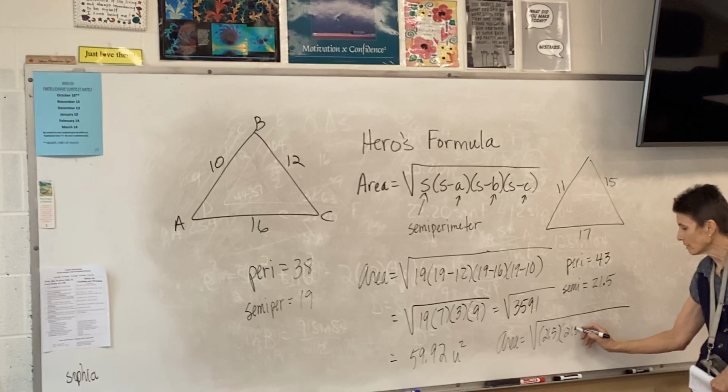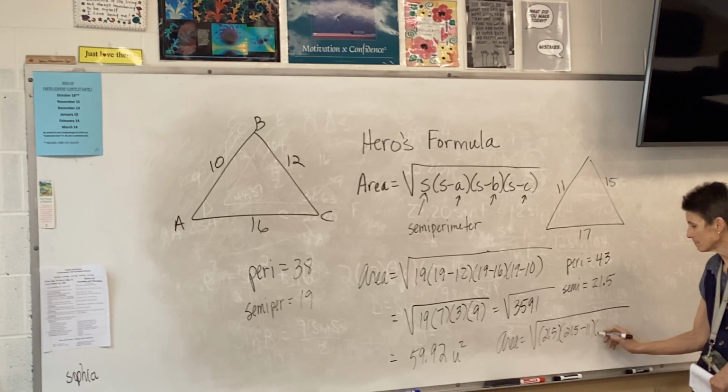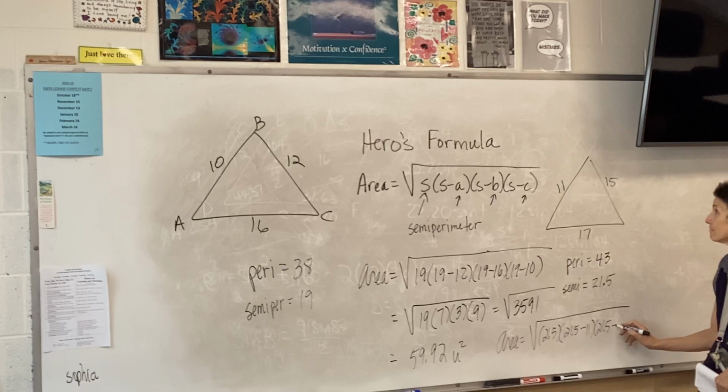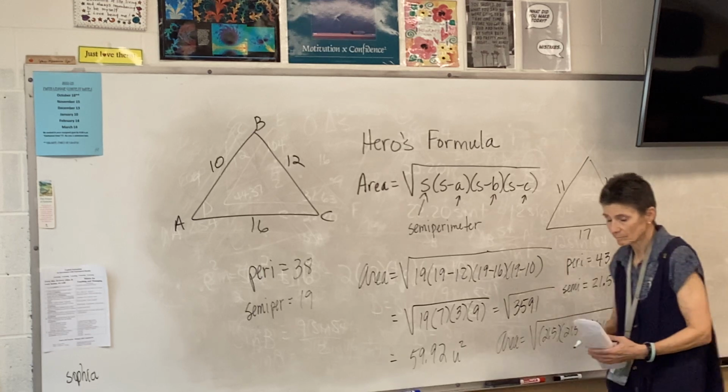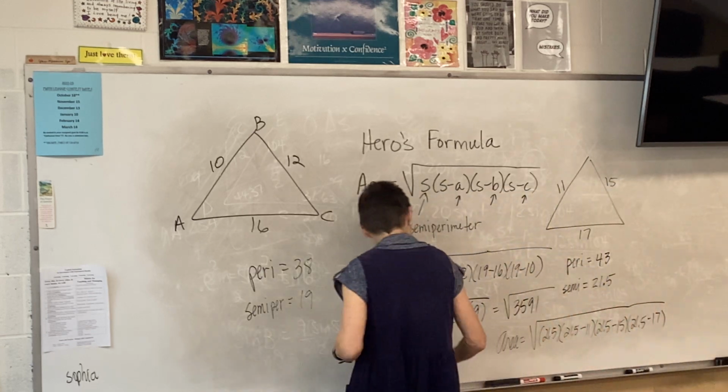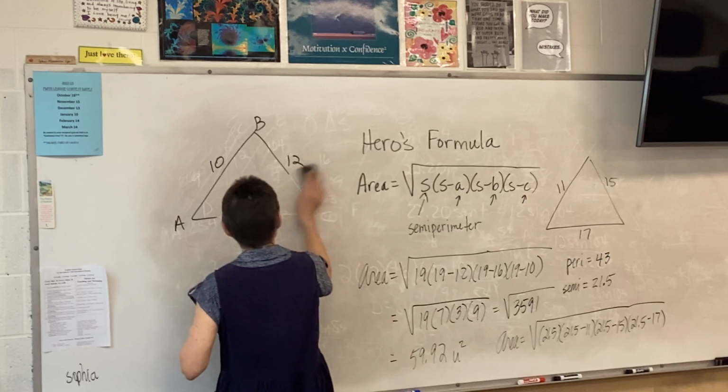So 21.5 minus 11, 21.5 minus 15, and 21.5 minus 17. Now I know those numbers have decimals and everything else, but it's okay.